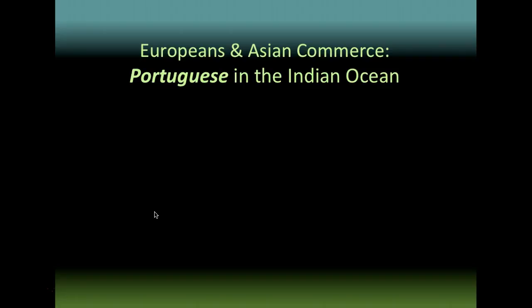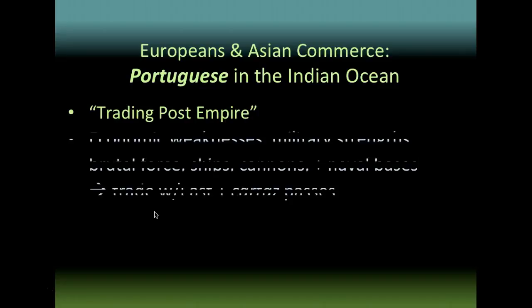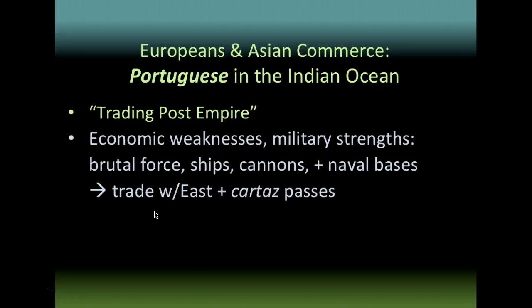So the Portuguese in the Indian Ocean, they are economically weak, meaning the goods that they provide from Portugal are not of interest to the people in the East, in the Asian territories, in China, in India, etc. However, they have military strengths.